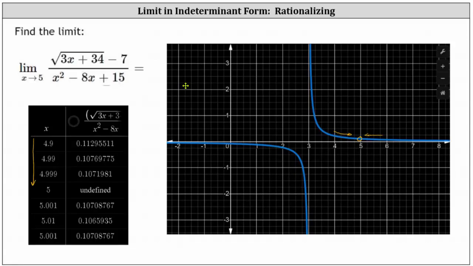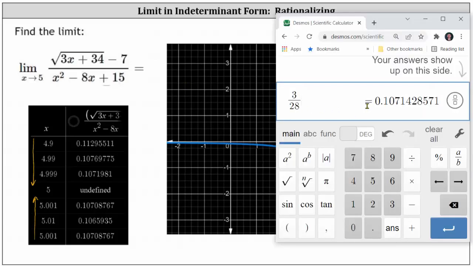And if we approach x equals 5 from values greater than 5, again, it does appear we are approaching the same function value in decimal form. So let's just verify that 3/28 is approximately this decimal. Notice 3/28 is the decimal value we are approaching from the left and right of positive 5, verifying our limit.